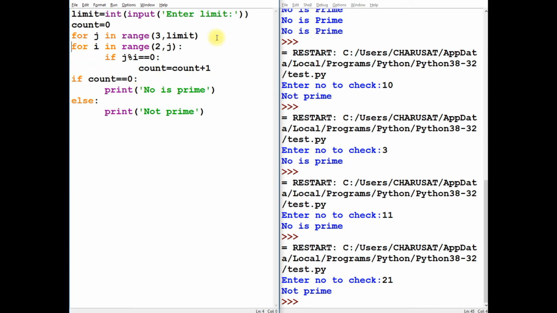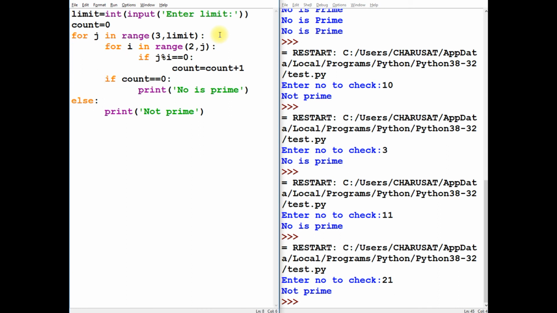This should be inside the for loop. And I do not want to print this, so I'll remove this part.